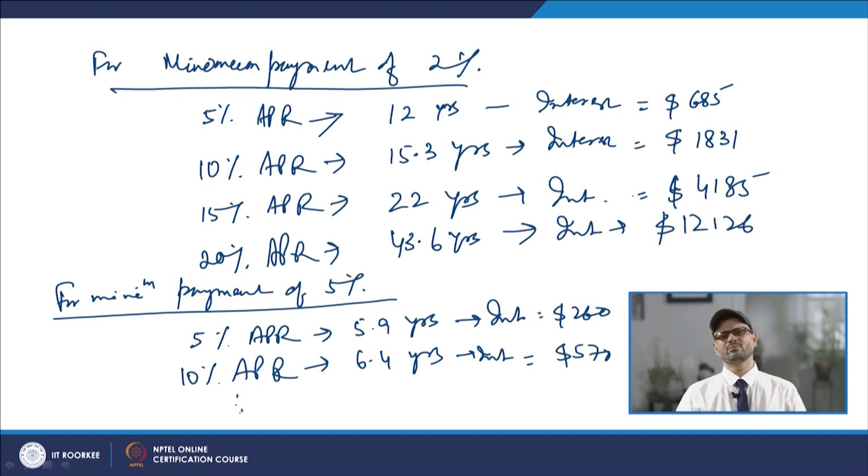And certainly it is obvious that if your APR is more, or the time for which you are keeping the balance is more, then you have to pay a large amount of interest.